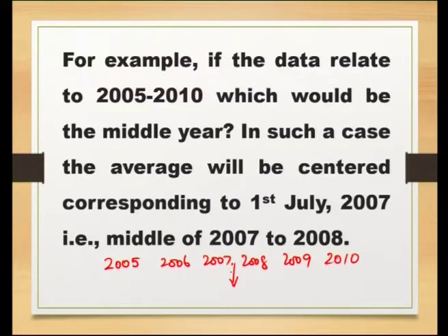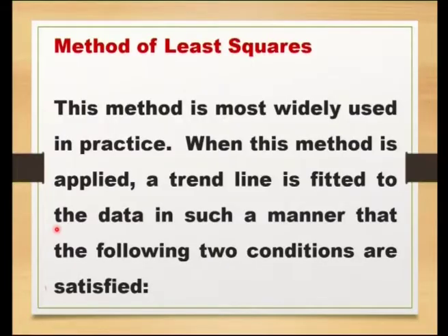That is, the middle between 2007 to 2008 is after 6 months completed, because there are 12 months in the year. After 6 months completed, that is after 30th June, the 1st July 2007 is considered as the middle of 2007 to 2008. Next method is method of least squares for computing the trend values.